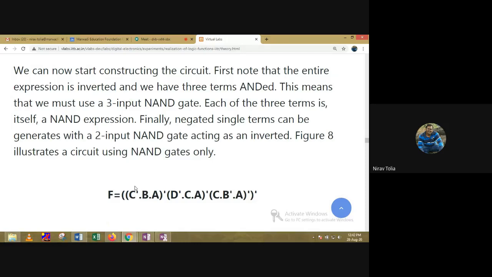Suppose we have a function like C bar B into A whole bar, B bar into C into A whole bar, C into B bar into A whole bar, and finally the bar over all of it. We have to implement this by using NAND gates. So how can we do this?